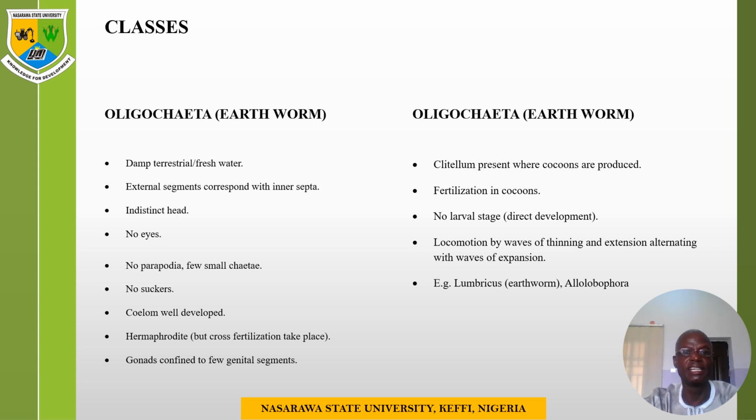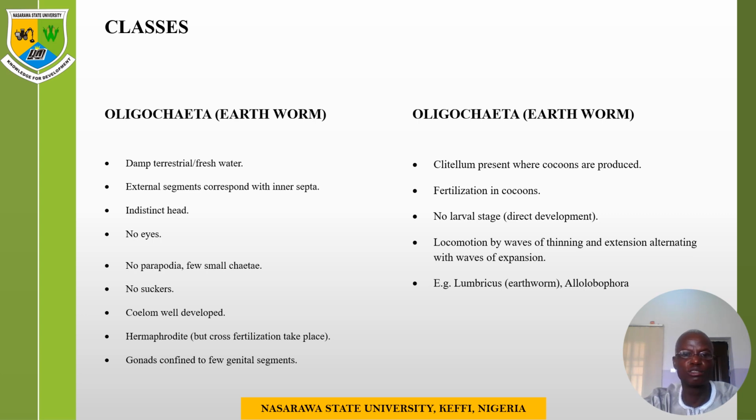They have no distinct head, no eyes, no parapodia, and few small chaetae are present. They have no sucker. The coelom is well developed. They are hermaphrodite, but cross-fertilization takes place. When we say an organism is hermaphrodite, we mean that they have both male and female gametes, but fertilization is by cross-fertilization.